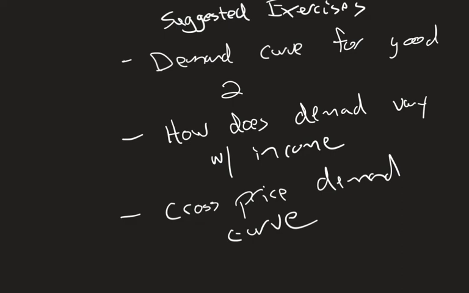And finally, you could derive a cross-price demand curve, meaning like how does my demand for good 1 vary with, say, changes in the price of good 2. You can kind of plot that cross-price demand curve as well. We don't work with those too much here, but it's a good exercise to make sure you're comfortable playing with the model.